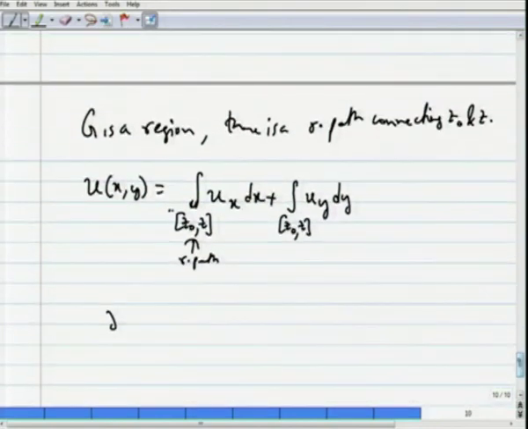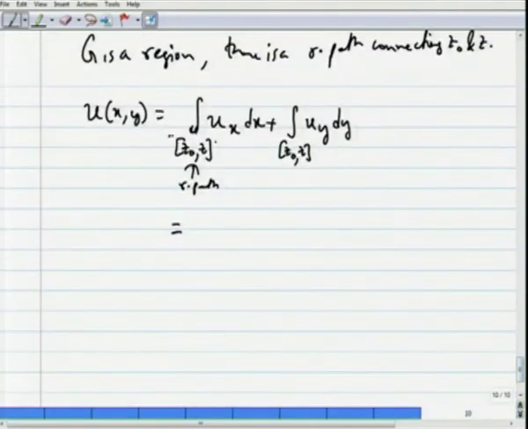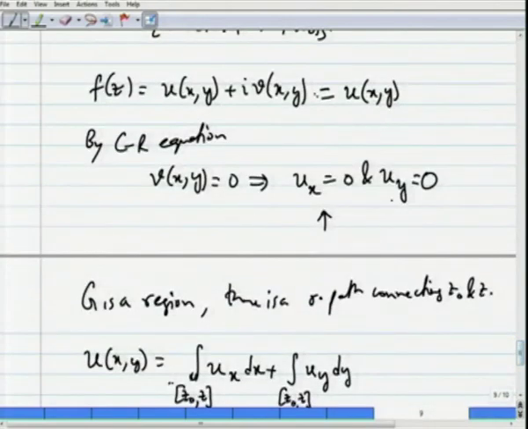But both of these are zeros. u x anyway is 0, and u y is likewise 0, so actually identically 0 in the whole region.